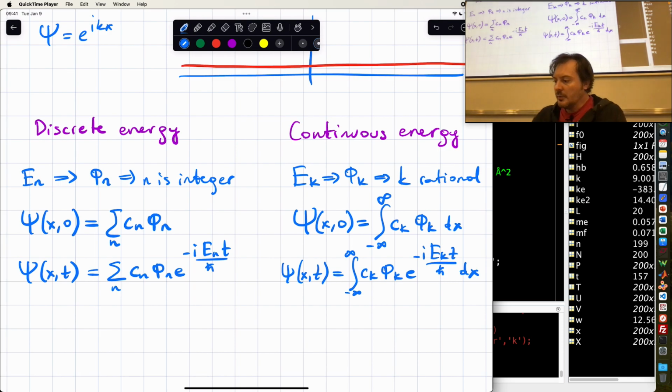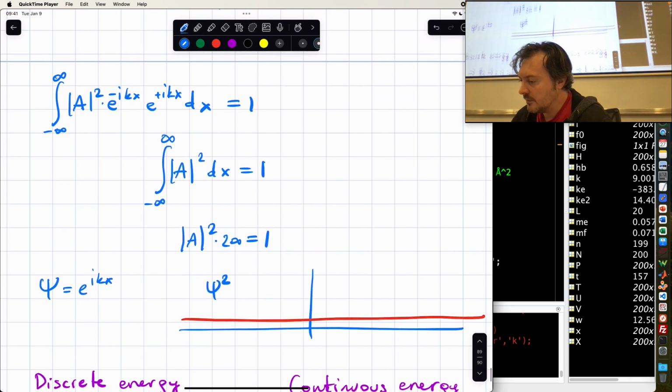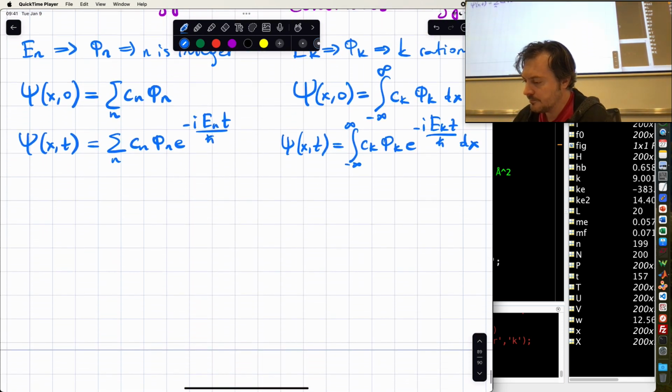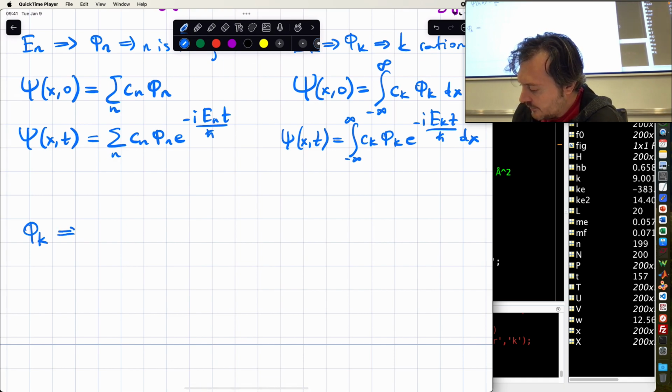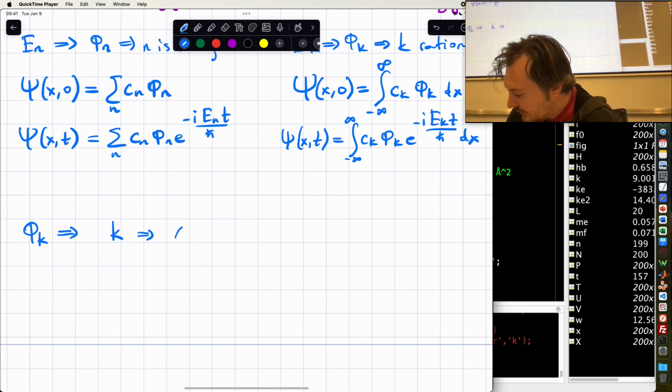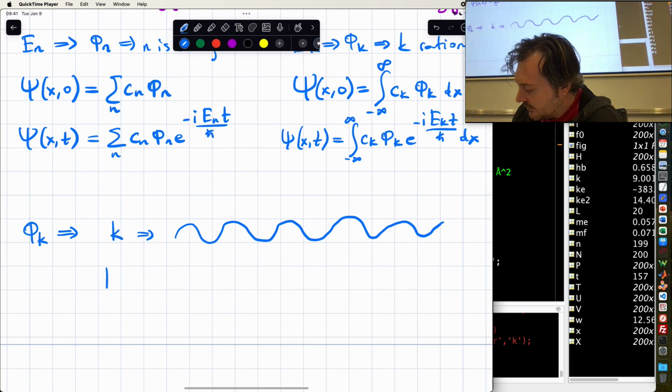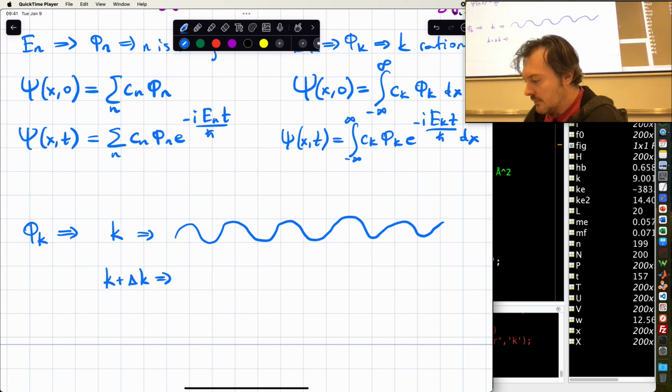So, what do we do about this normalization problem? Well, the phi_k's look like this, right? For example, for a certain k, it's a wave like this. For a certain k plus delta k, is it a bit shorter, or a bit longer?